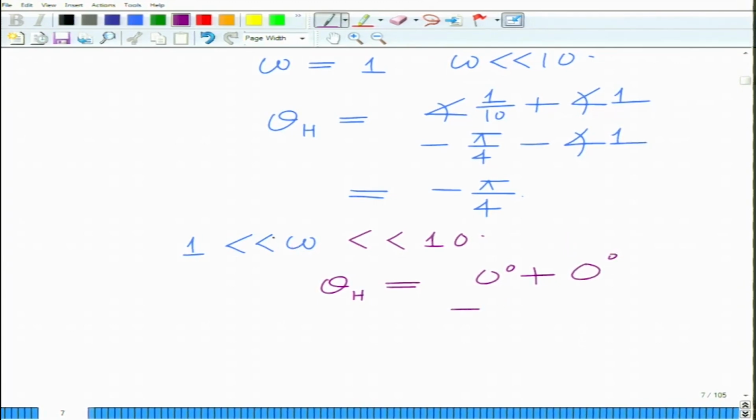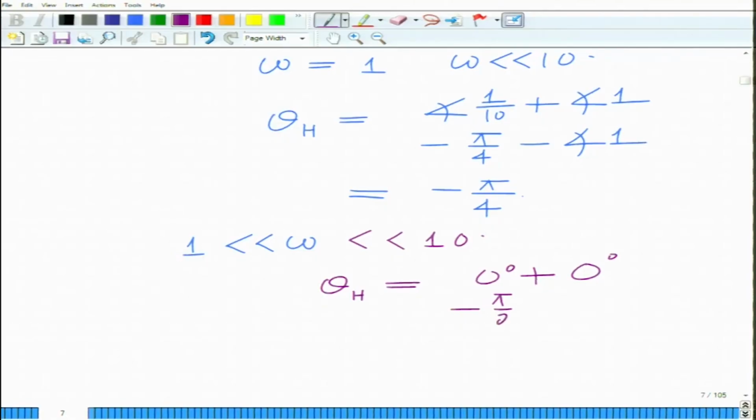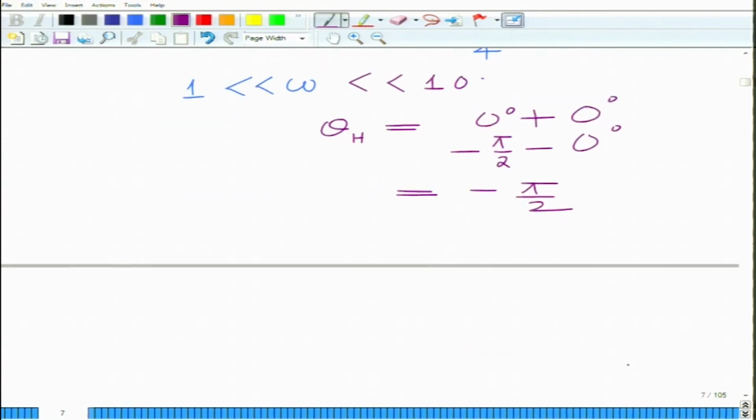But since omega is much greater than 1, 1 plus j omega is well approximated by j omega, therefore, the angle corresponding to that is pi by 2, correct, and it is in the denominator. So, that contributes minus pi by 2. So, minus pi by 2, minus the angle of 1 plus j omega by 100, that is again 0 degrees. So, this will be minus pi by 2.